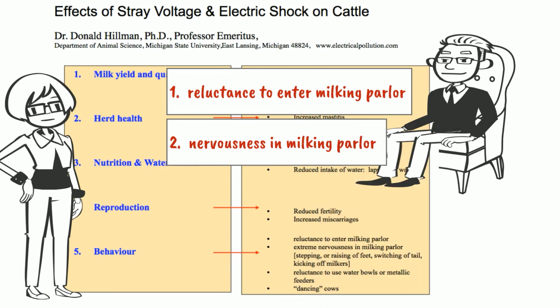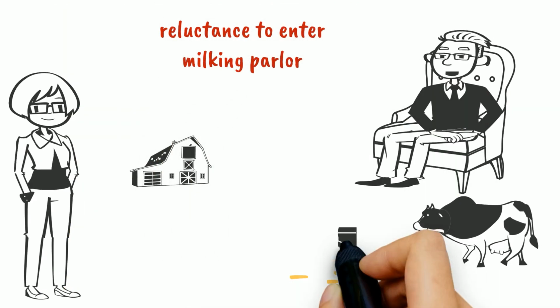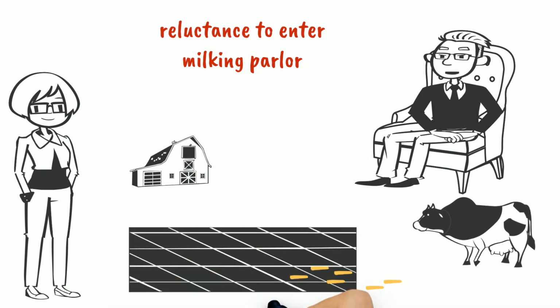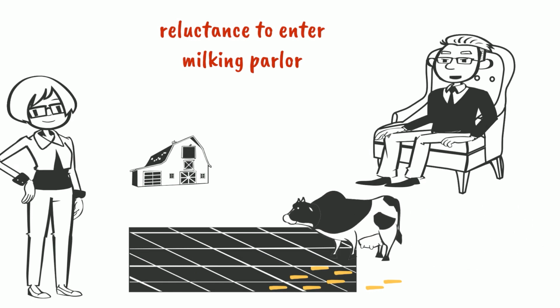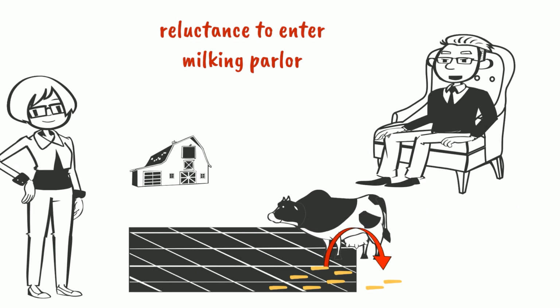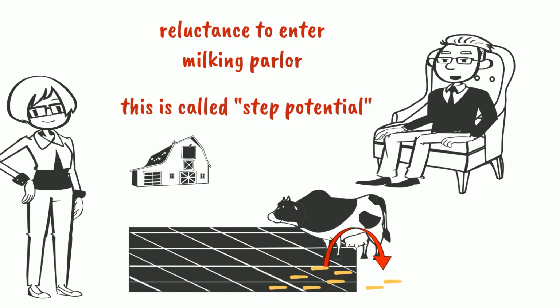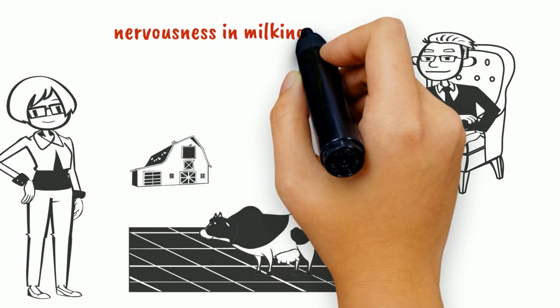Can you elaborate? If the floor in the milking parlor is at a different electrical potential than the floor in the barn, and it often is on a farm with a ground current problem, then electrons will flow through the cow's body and she will experience a shock. The amount of shock depends on the voltage difference between the two floors.